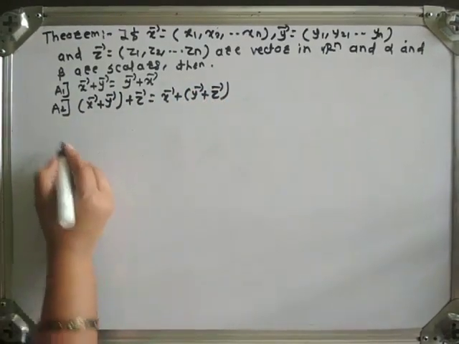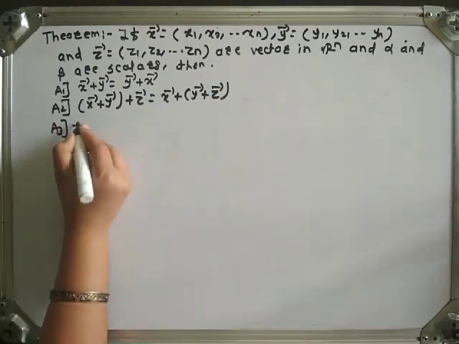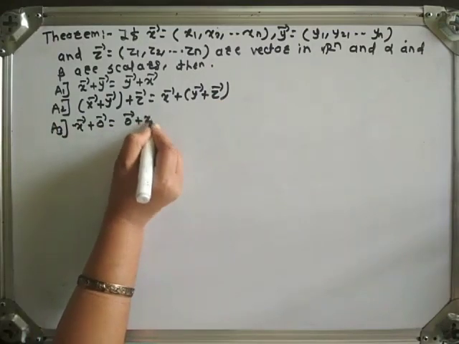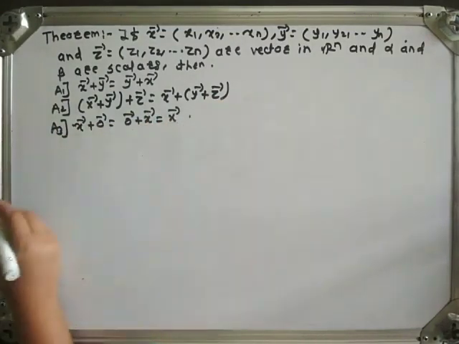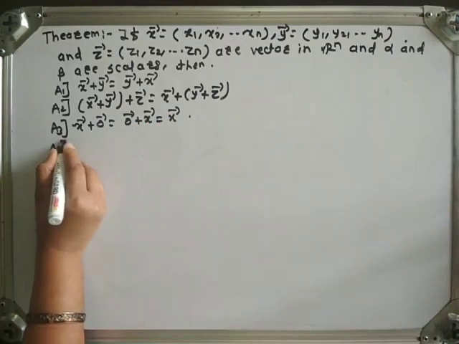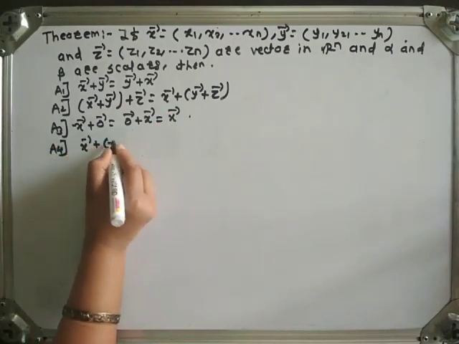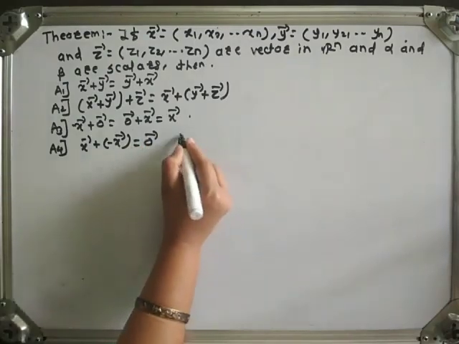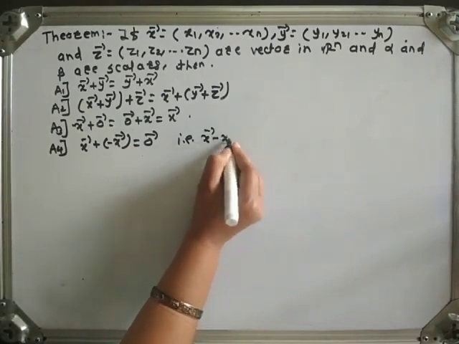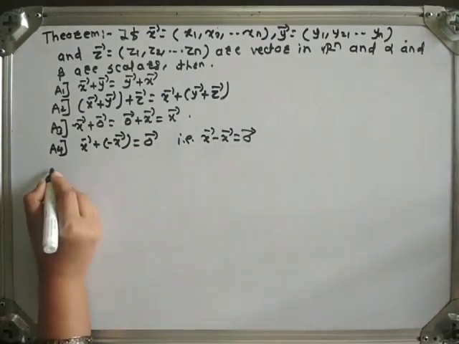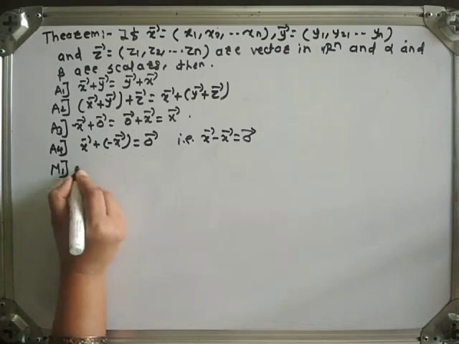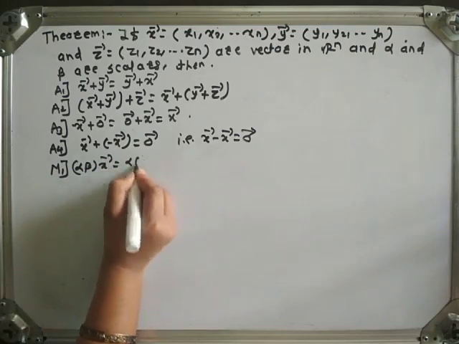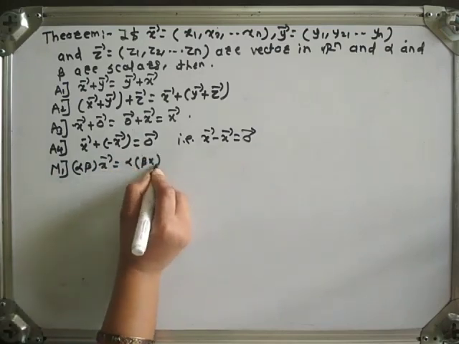A3 x bar plus 0 bar is equal to 0 bar plus x bar, which is equal to x bar. A4 x bar plus minus x bar is equal to 0 bar, that is x bar minus x bar is equal to 0 bar.